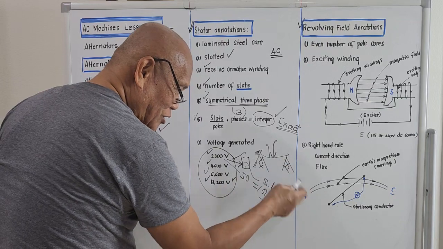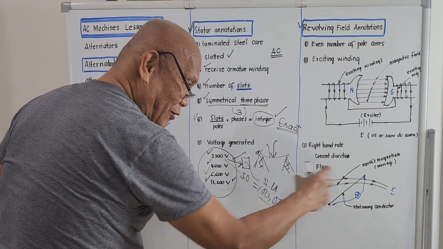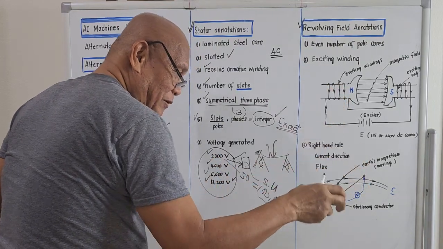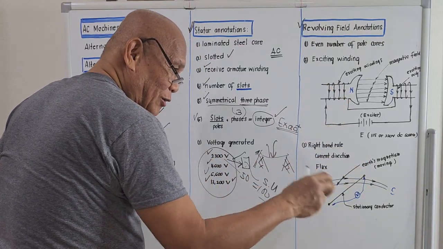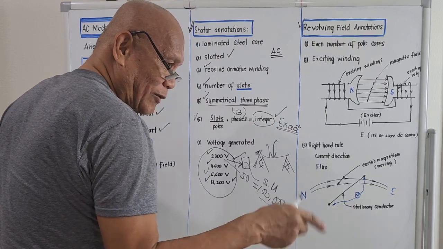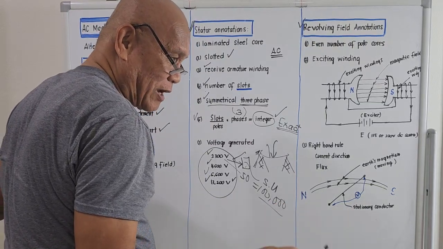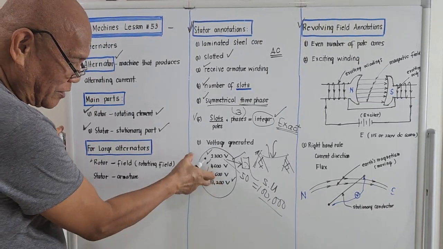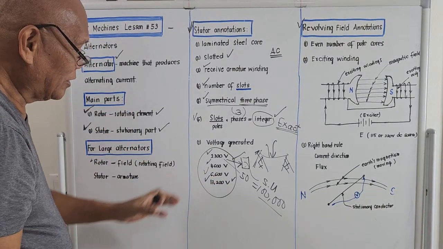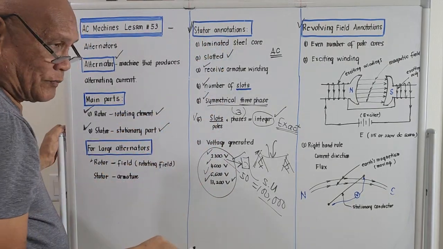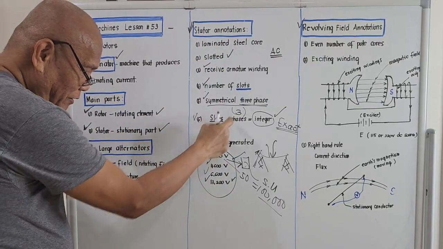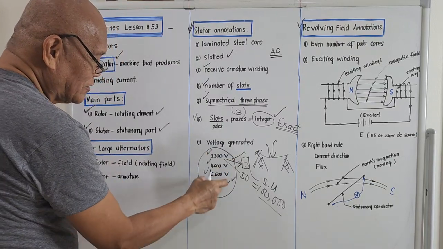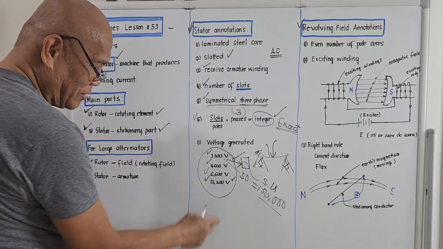Before we step this down to go to the secondary fuse, and again we step down that voltage to a value of 230 or 115 that will be used by our household clients or businesses. That's how we generate voltage. So I am telling you now, under the stator annotations, the voltage generated by the alternator could be 2,300, 4,600, 6,600, and 13,200.